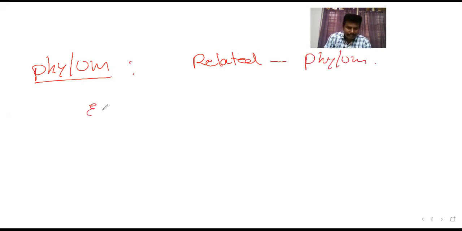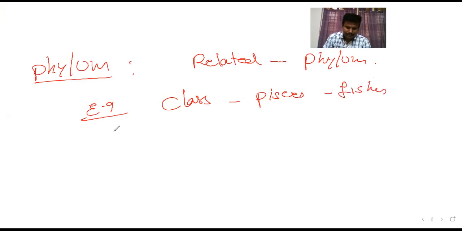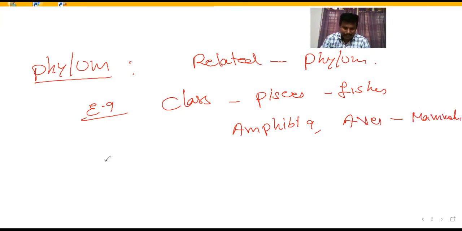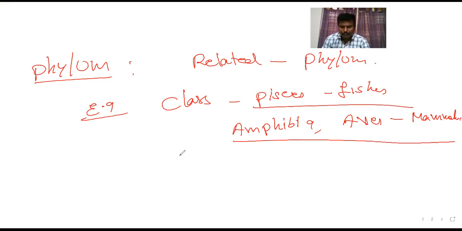For example, class Pisces, that is fishes, class Amphibia, Aves, and Mammalia are put together in the phylum Chordata.